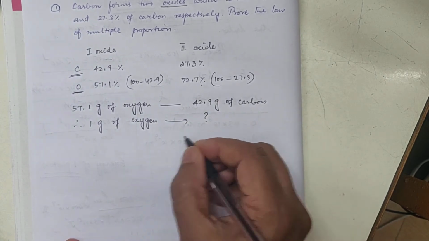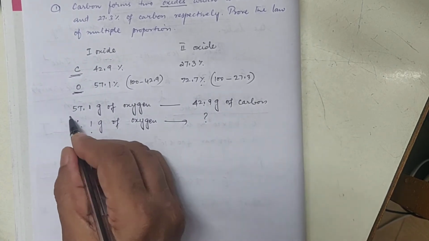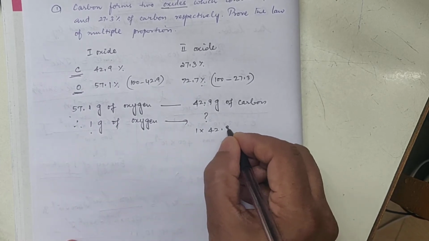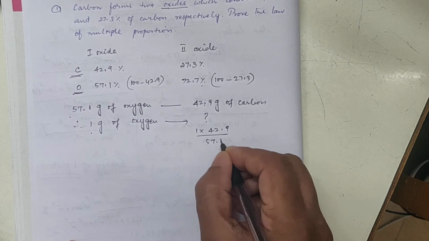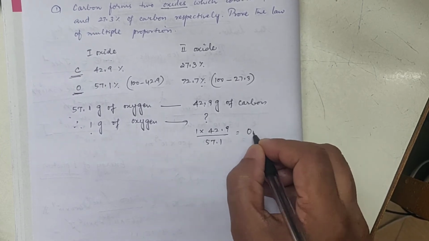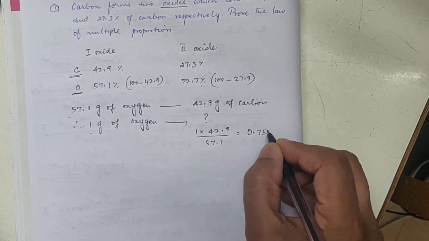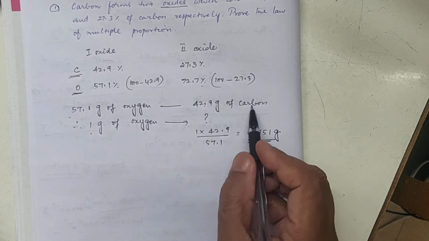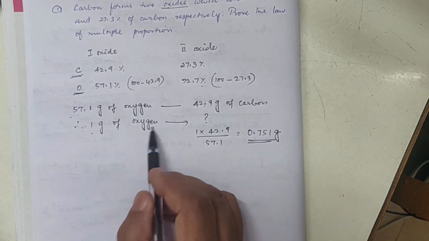So that will be 1 into 42.9 upon 57.1, and this is giving you 0.751 gram. So this much of carbon will combine with 1 gram of oxygen.